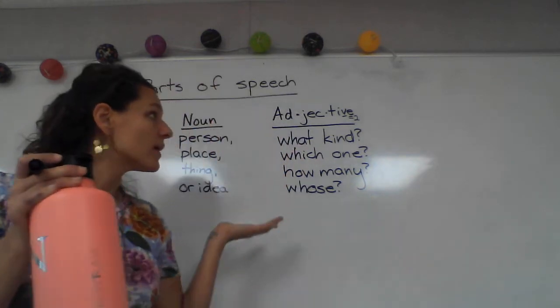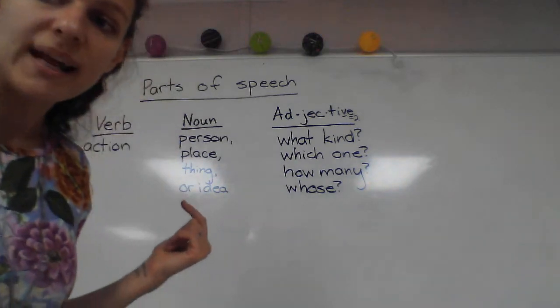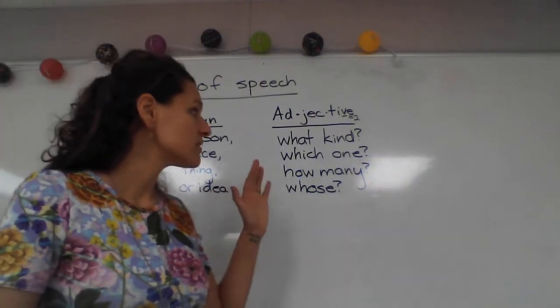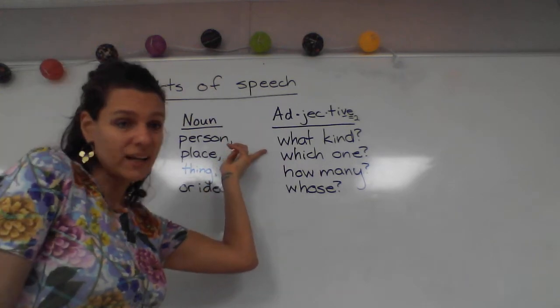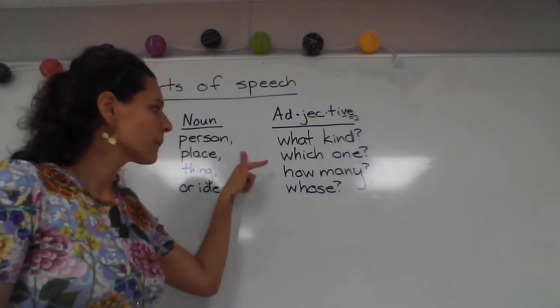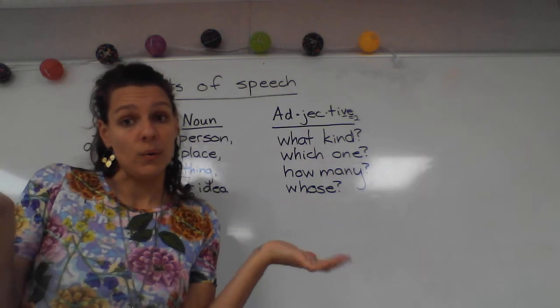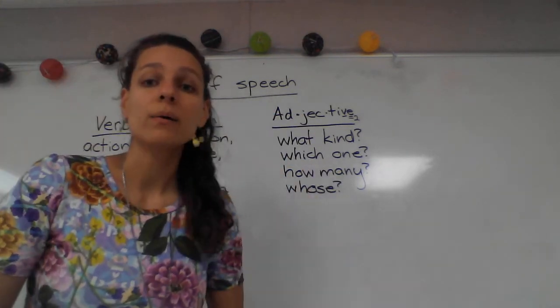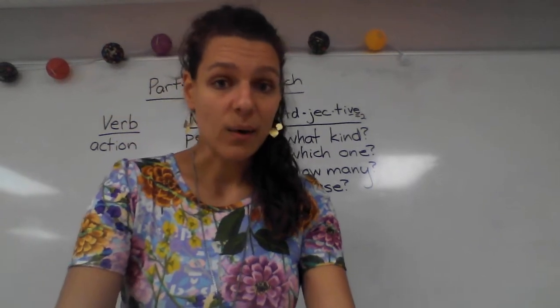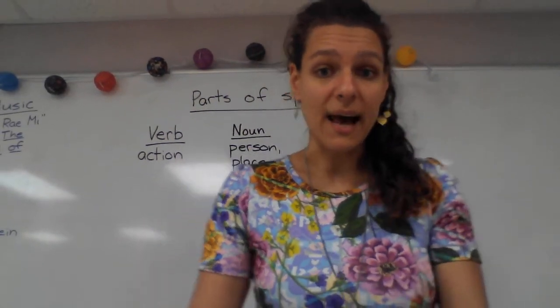So these are the 4 questions. All our adjectives would answer one of these questions. So all the description words answer one of these questions. What kind? Which one? How many? Or whose? All right, so earlier today we were talking about our noun. Remember, adjective describes a noun.